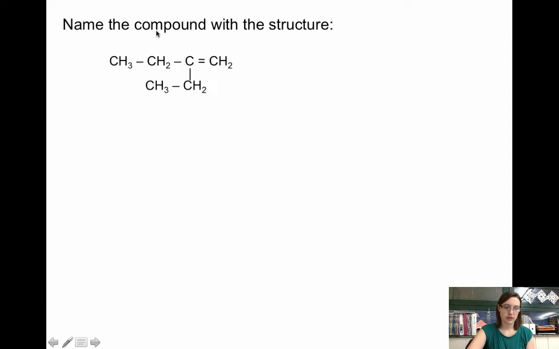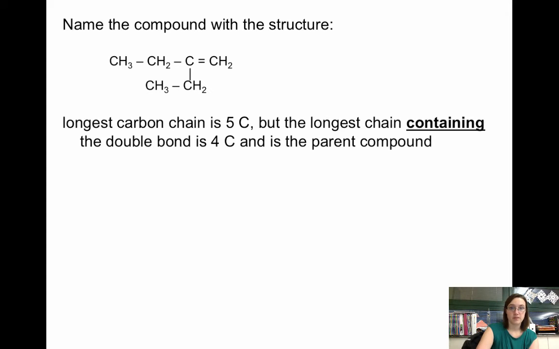What is 4 carbons? 4 carbons is but. Notice that even though the longest chain is 5 carbons, 1, 2, 3, 4, 5, we need to have the longest chain containing the double bond, which is 4 carbons. So the parent compound is going to be 4 carbons, so that's butene.